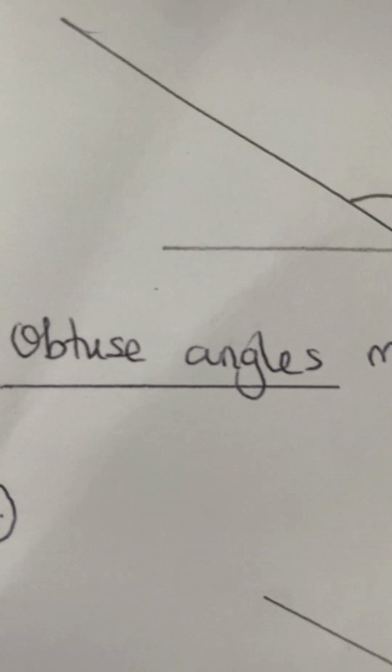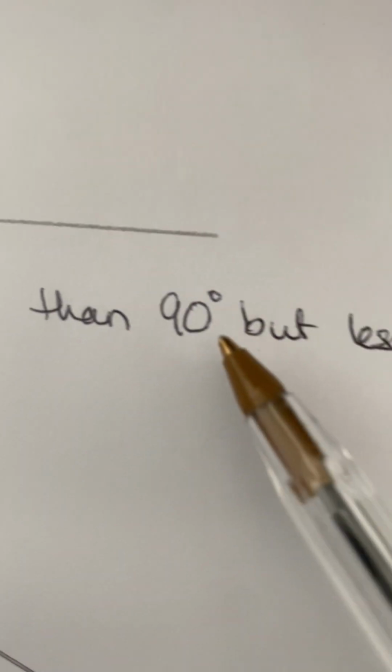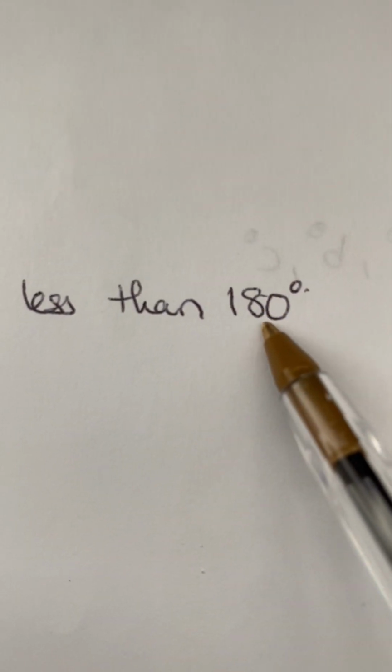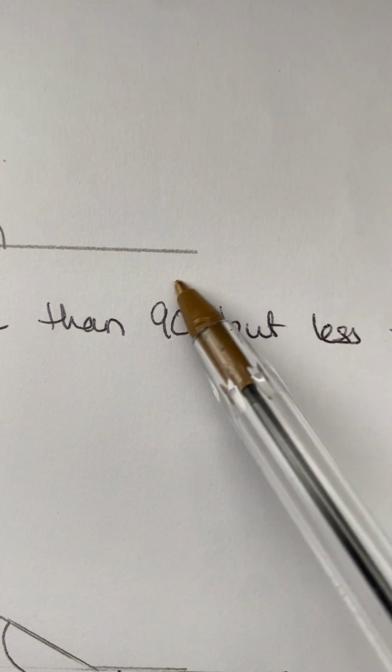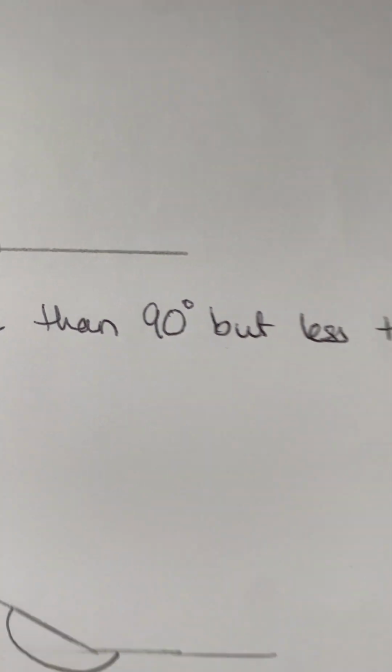Our next one, obtuse angles. They are more than 90 but less than 180. 90 degrees is a right angle. 180 is the angle on a straight line.